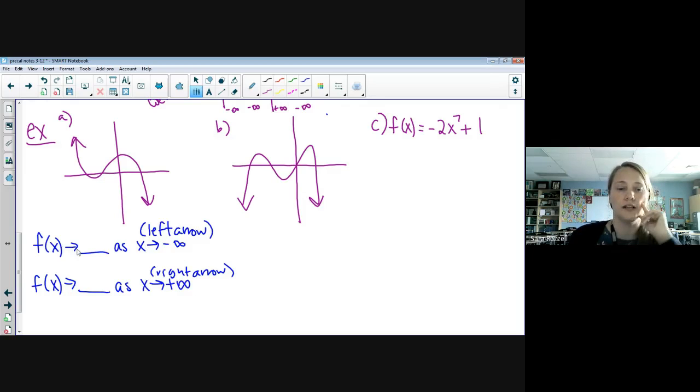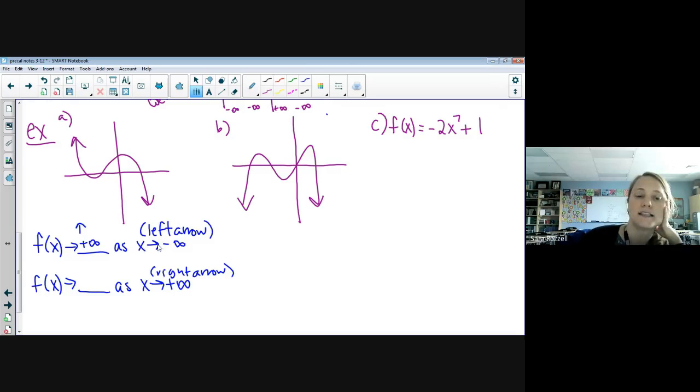Okay, so let's go back to our top line. It's saying as x goes to negative infinity. That means this arrow right here. Is this an up arrow or down arrow? This is an up arrow. So since this is an up arrow, we'll write positive infinity.